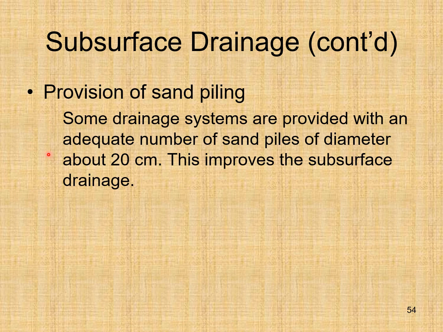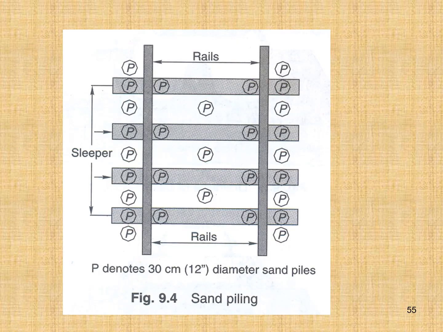I discussed sand piling in one of the last lectures. So we can have the arrangement like that we are having the sand piles over here like this at different locations, and it will facilitate the drainage.